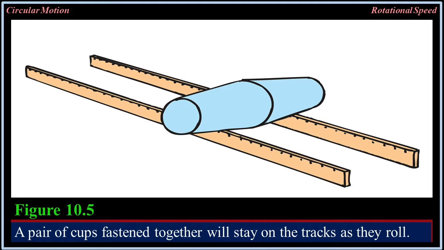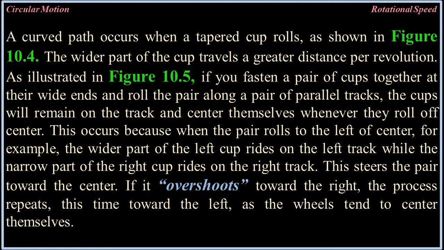This occurs because when the pair rolls to the left of center, for example, the wider part of the left cup rides on the left track while the narrow part of the right cup rides on the right track. This steers the pair toward the center. If it overshoots toward the right, the process repeats, this time towards the left, as the wheels tend to center themselves.